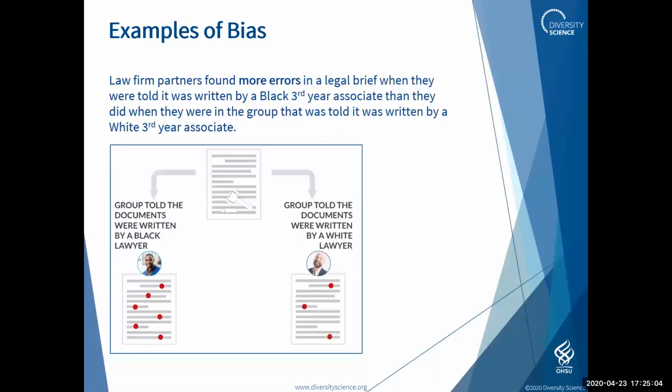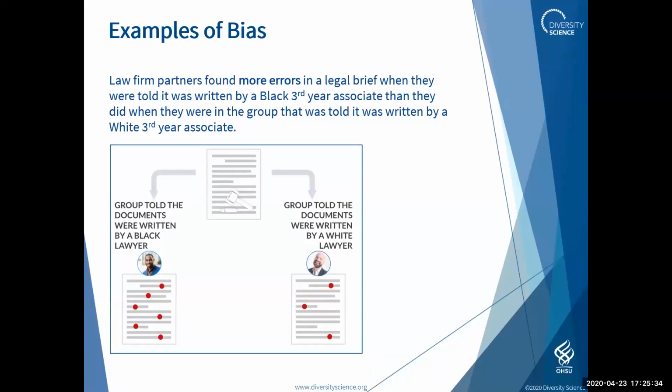So here's an example of how this plays out. And this is really relevant to medical education. So in this study, this is a study from law, in the law area, but it's generalizable. Law firm partners were randomly assigned to two groups. Each of the groups were given the exact same brief. One group was told that it was written by a Black third-year associate. The other was told that it was written by a white third-year associate.